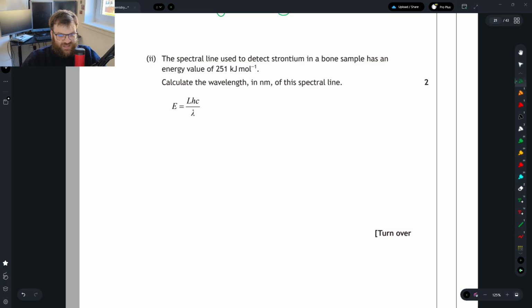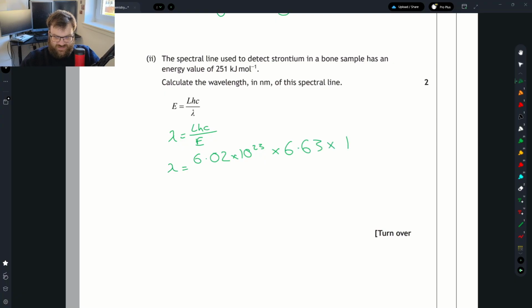If E equals LhC over lambda, then lambda equals LhC over E. Therefore lambda equals 6.02 times 10 to the 23 times 6.63 times 10 to the minus 34 times 10 to the power of 8, all over, because we have joules in Planck's constant, I'm going to make this 251,000, so that's in joules per mole.